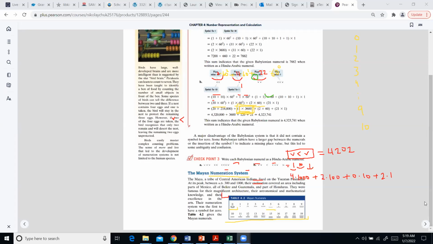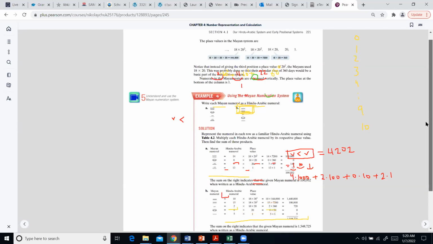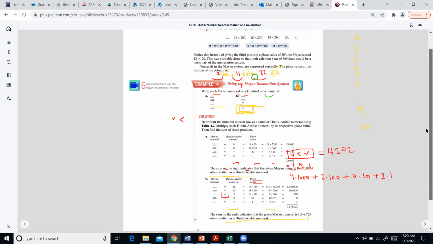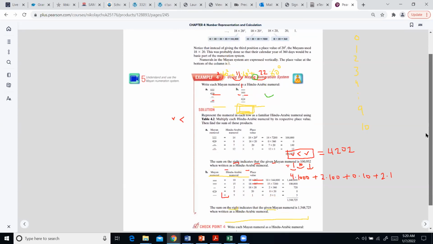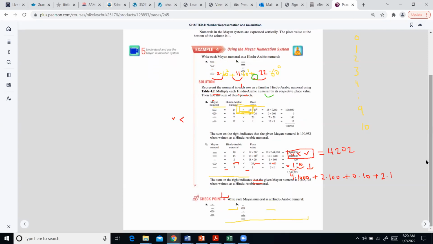So here's a good example that people might encounter if they start to do archaeology in South America. And this Mayan numeration system is quite an interesting example. So let us take a look at example 4: how you can write various Mayan numerals and what they actually stand for.